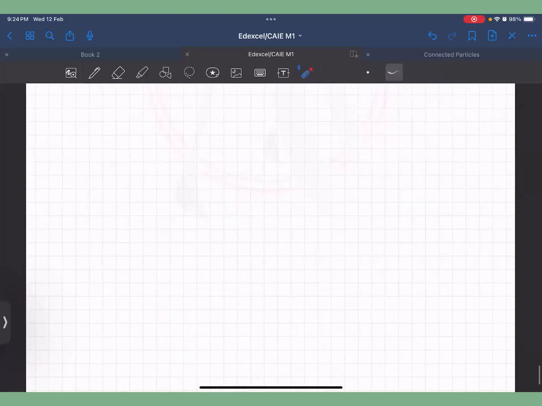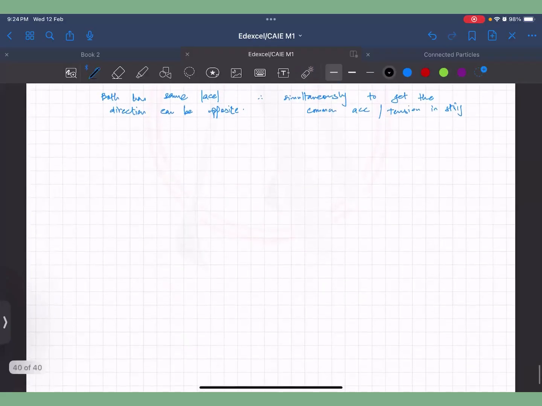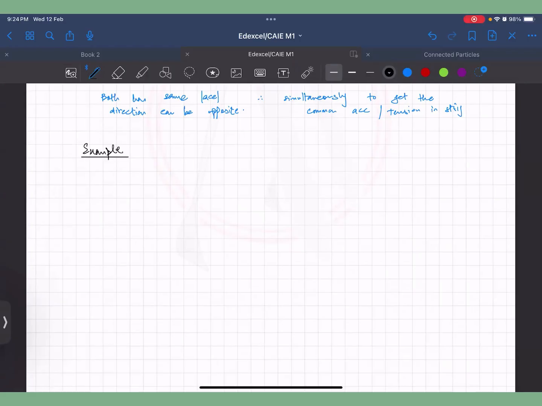So let's take a small example. Now let's suppose there is a pulley, a straight position pulley like this. Sorry, my drawing is not very good. They would say that this pulley is frictionless, because if it has friction, then the system would be something else, and we would have to consider the force of friction inside the pulley as well.